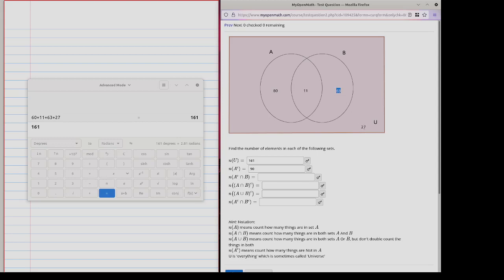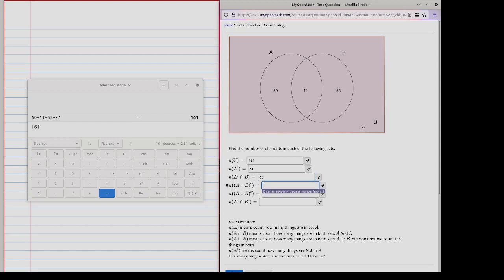And now we want to find all the things that are in that set and in B at the same time. These 63 are in B, but these 27 are not in B. So when I'm trying to find the things in A complement that are also in B, that's going to be these 63. So these 63 are in A complement and in B.